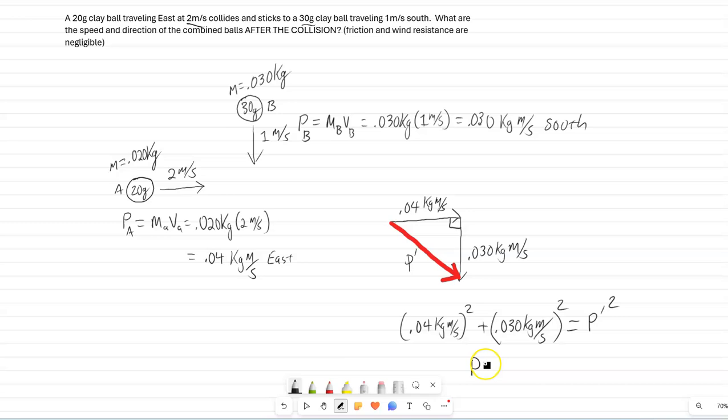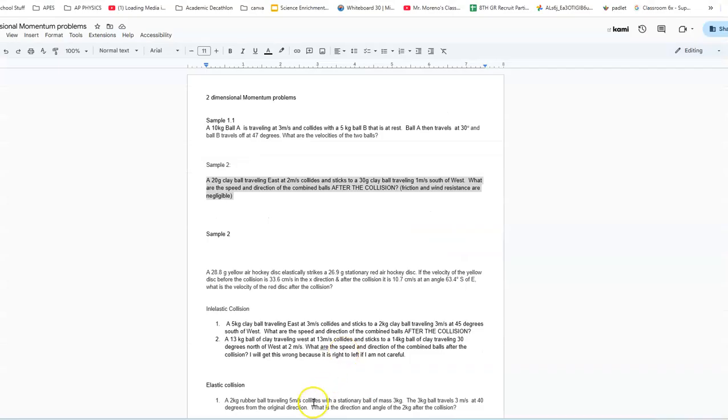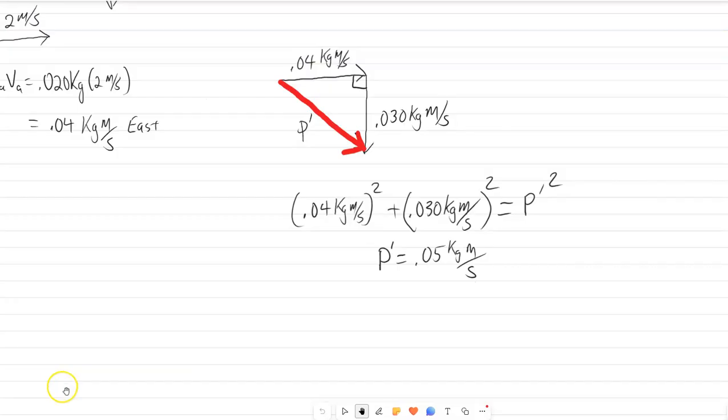You could do a little algebra 1 and find P prime. Do that now. Okay, so if you look right there, that looks a little clearer, and you can see here the magnitude of our final momentum will be 0.05. And let me put this right here. Get these units in here.